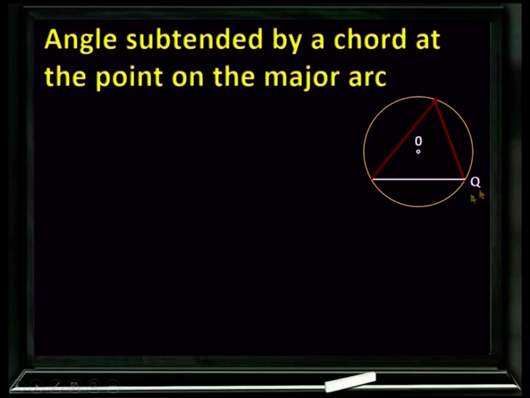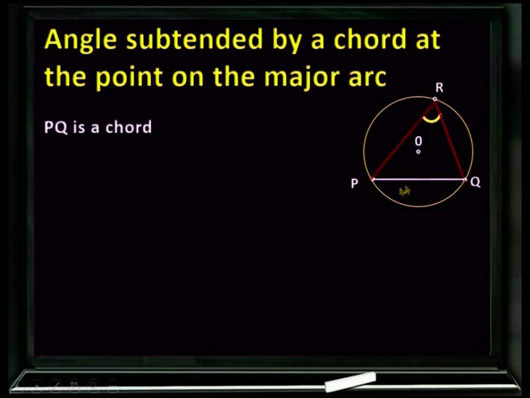Now, the angle subtended by a chord at a point on the major arc. See, this is the circle, PQ is a chord, and R is a point on the major arc. PRQ is an angle.